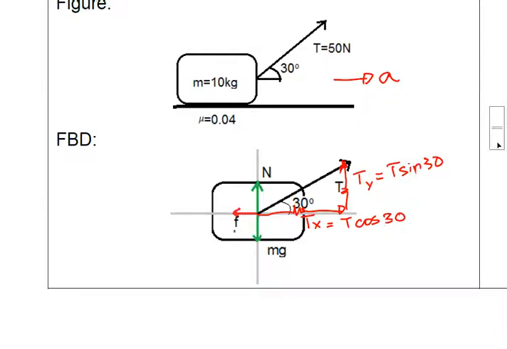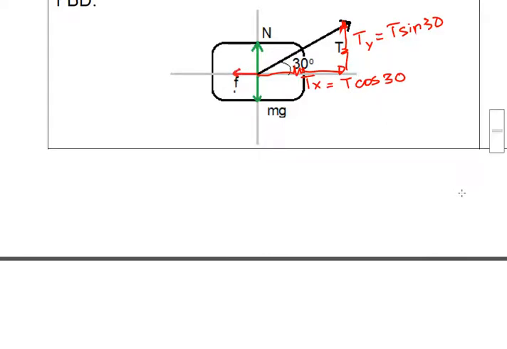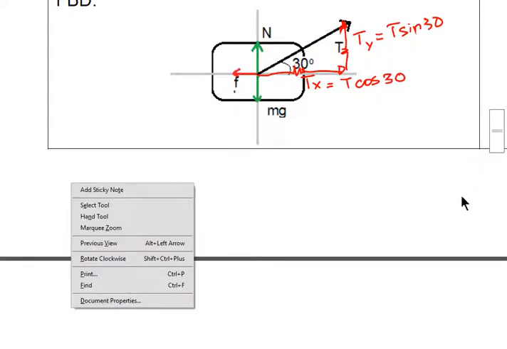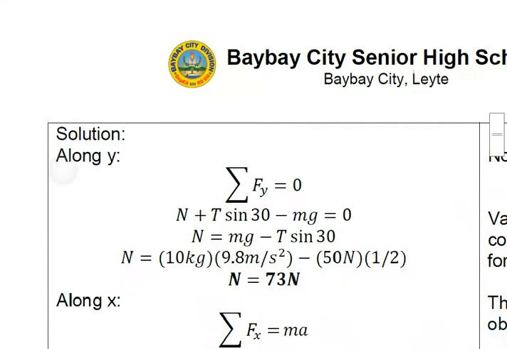Then apply the laws of motion. We're going to apply the second law along the x-axis and along the y-axis. So you have the force along y, then the force along x.